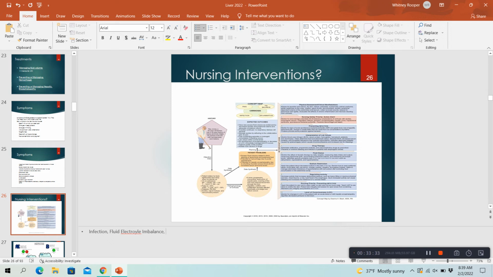I'm not going to read all this to you, but you can read it yourself. It goes down through the physical assessment, your clinical manifestations, and talks about your nursing safety priority. You want to monitor for ascites, esophageal varices. You want to monitor their coags again, encephalopathy, coma, hepatorenal syndrome, spontaneous bacterial peritonitis.